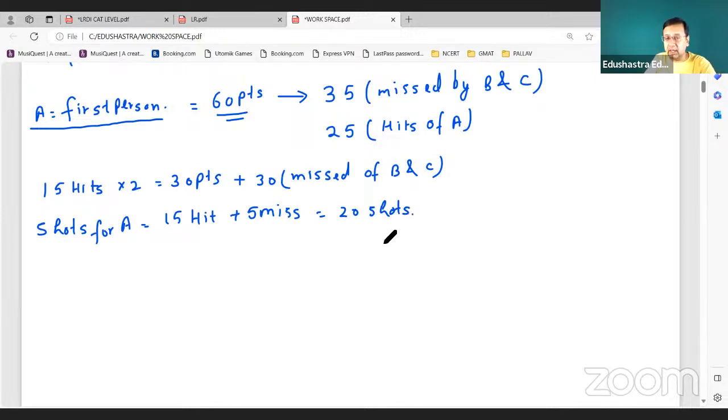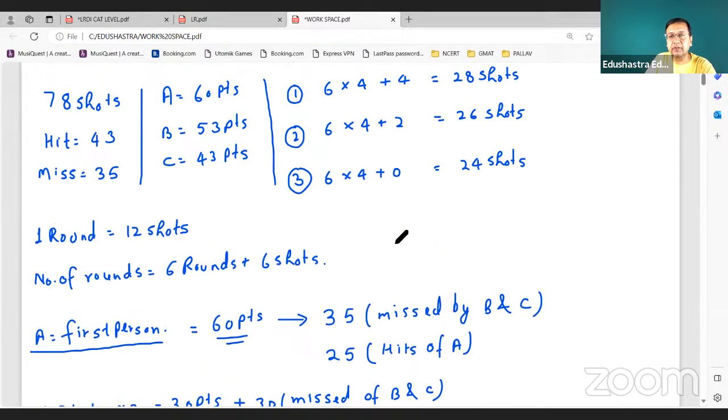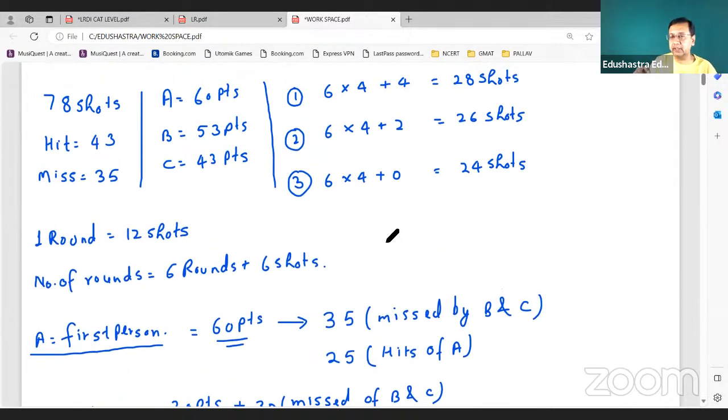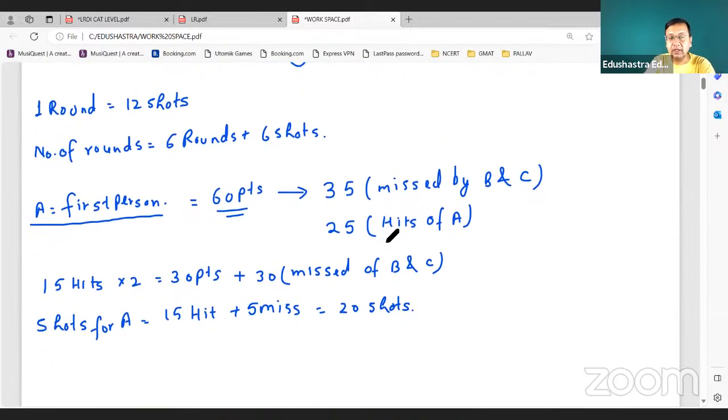Now, we have identified earlier that the first person is shooting 28, the second person is shooting 26, and the third person is shooting 24. But as per the calculation, this is coming out to be 20 shots.